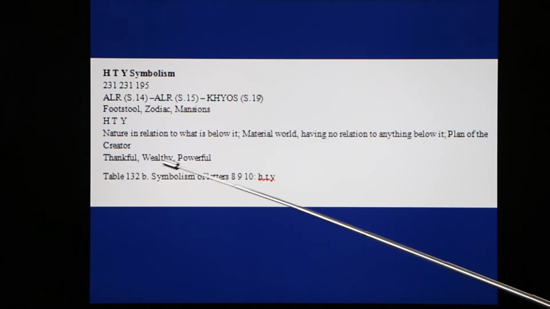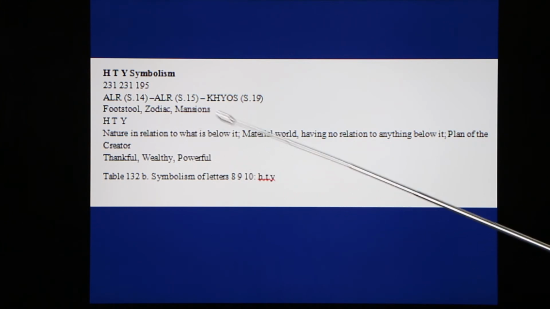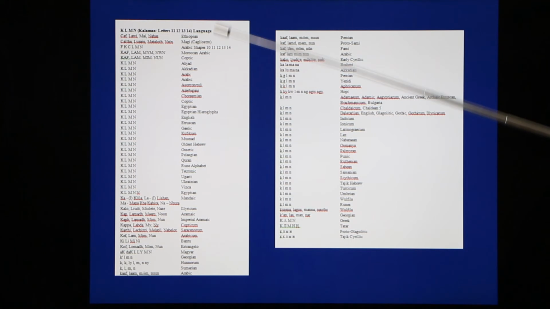And again, different meanings: thankful, wealthy, powerful, footstool, zodiac mansions. And KLMN. Remember I said there were a couple that were right there from the beginning, and of those ABCD or ABGD, and then KLMN, and then QRST. Those are the ones that were there right from the start.